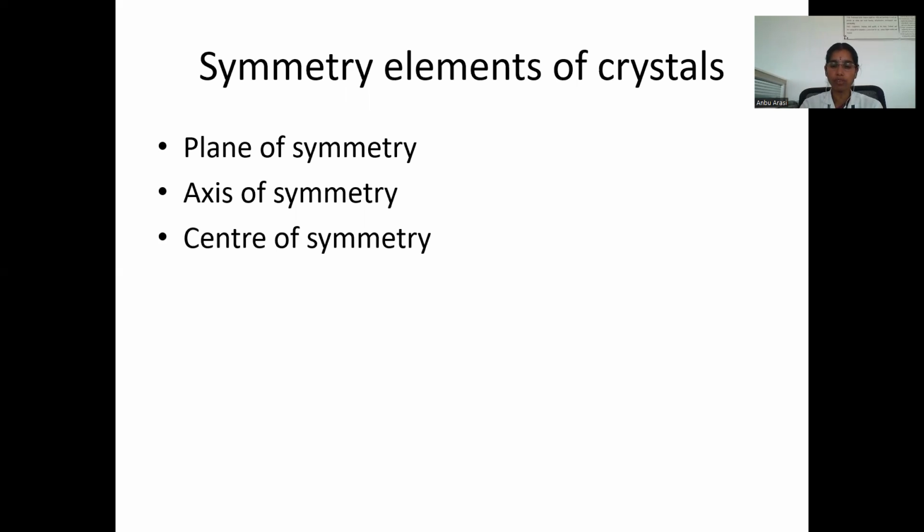An axis of symmetry of a crystal is an imaginary axis passing through the center of the crystal, about which, if the crystal is rotated through 360 degrees, it will bring the same crystal face or any other configuration twice, thrice, 4 times, or 6 times into the same position in space. That is called axis of symmetry.